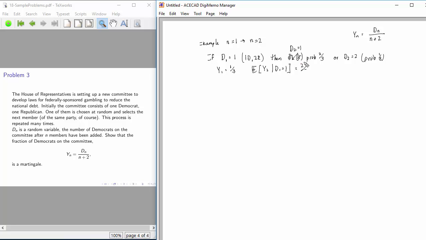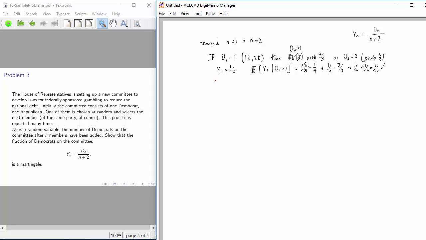So we've got a probability of 2/3 that we still have only one Democrat, and the committee consists of one Democrat out of 4 members. We do have a probability of 1/3 that we pick another Democrat, and we get 2 out of 4. That's a 6th plus a 6th, which is equal to 1/3, which checks.